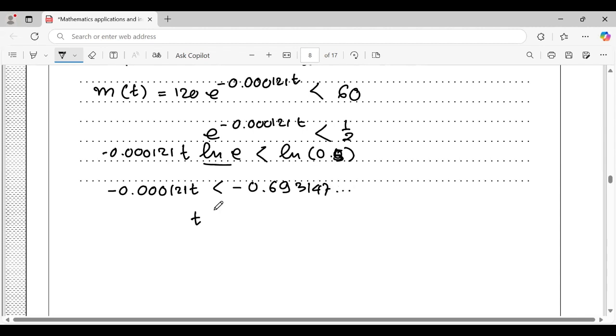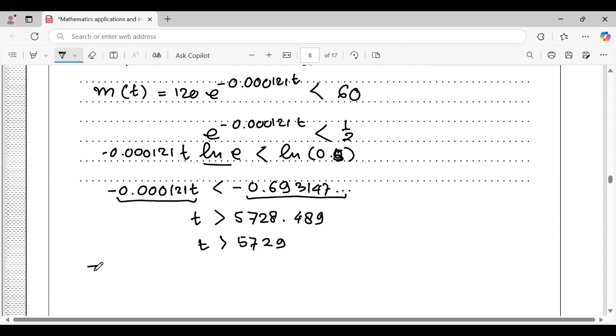So t is greater than this number divided by this number, which equals 5,728.489. So t is greater than 5,729.